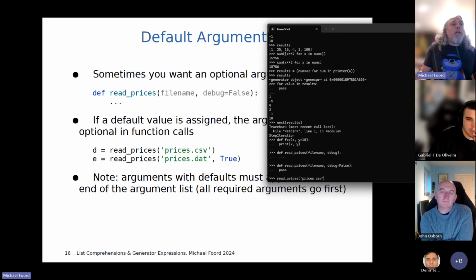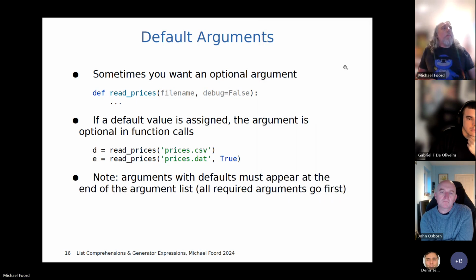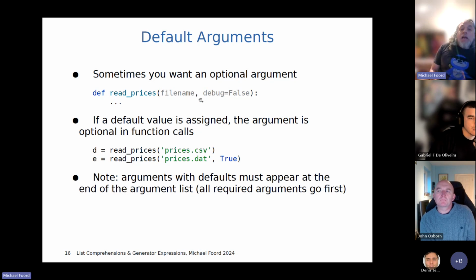But where you want additional information, we can pass in this additional flag. If you're adding default values, they have to be the last parameters. All of your required arguments have to go first. So these are functions with optional arguments, straightforward.